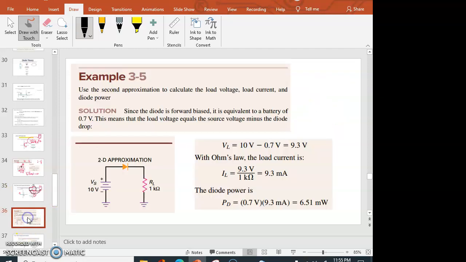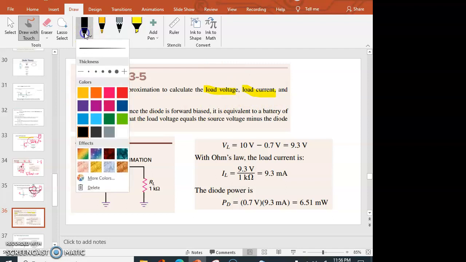So let's apply this concept with an example. We are given the same silicon diode, the same load of 1000 ohms, and a supply voltage of 10 volts. What is being asked is to compute the load voltage, the load current, and the diode power.